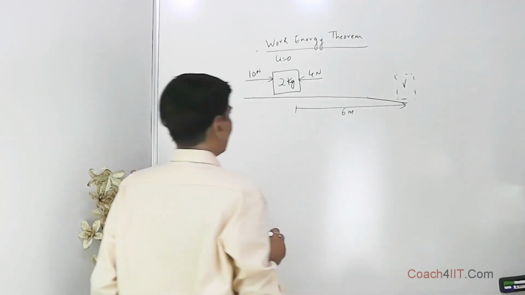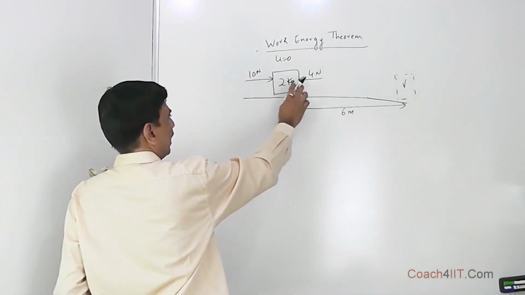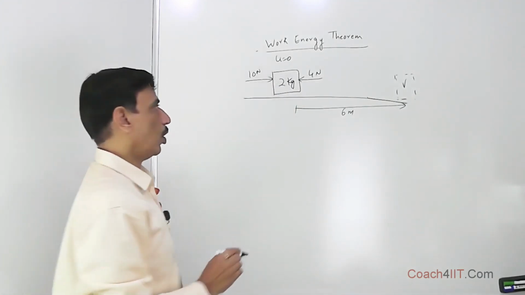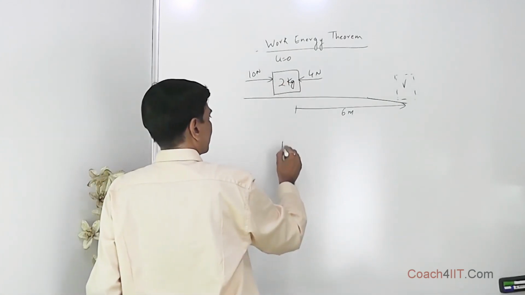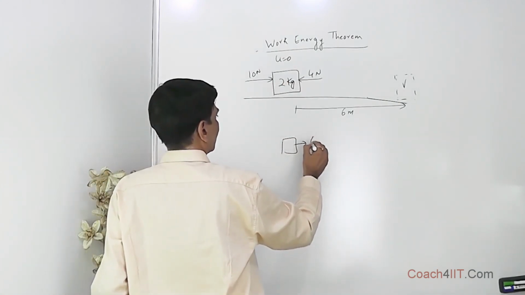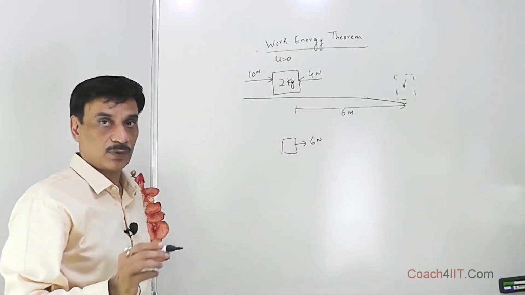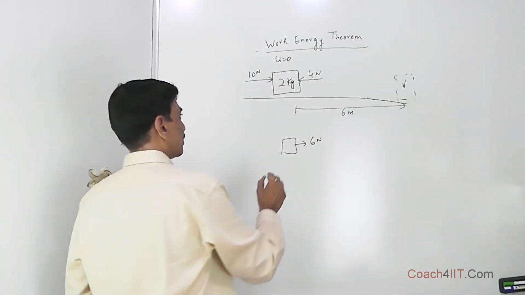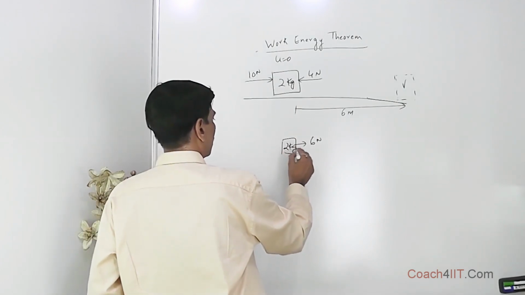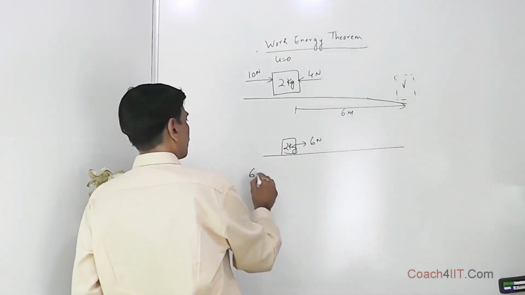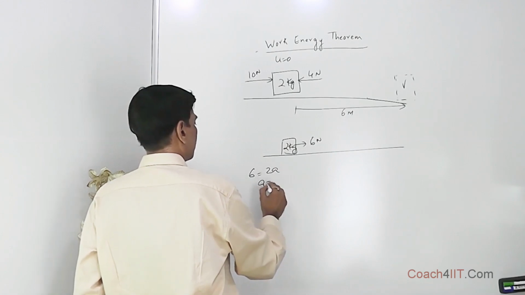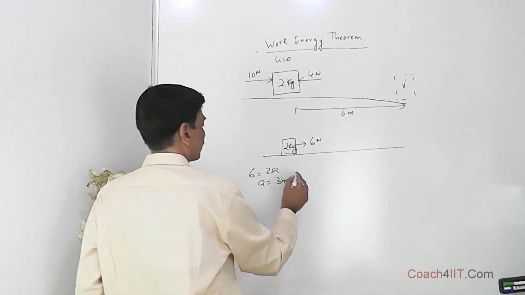So we can see that it is 10 Newton minus 4 Newton. Onto this body there is a net force of 6 Newton in this direction. There is no force in the same direction as the 4 Newton, so the forces get deducted. So 6 Newton is being applied on a body of 2 kg. Force is equal to mass into acceleration, so acceleration comes out to be 3 meters per second square.